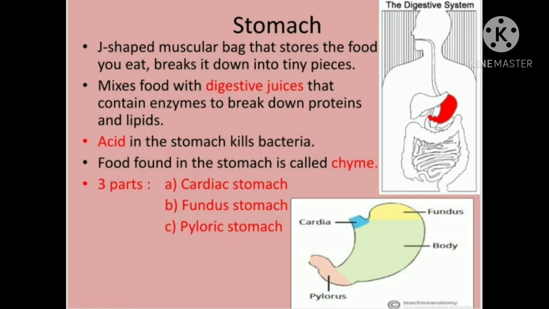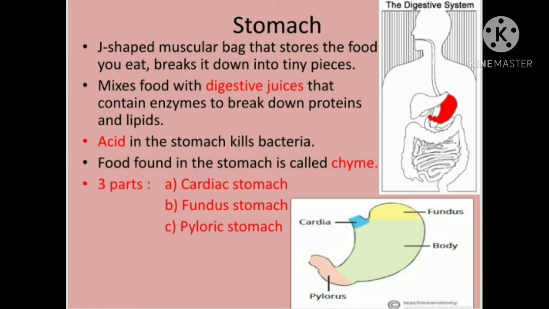It is a muscular sac-like J-shaped organ, around 25 to 30 centimeters in length. The length of the stomach is how much? 25 to 30 centimeters. Okay, so this is all about our stomach.